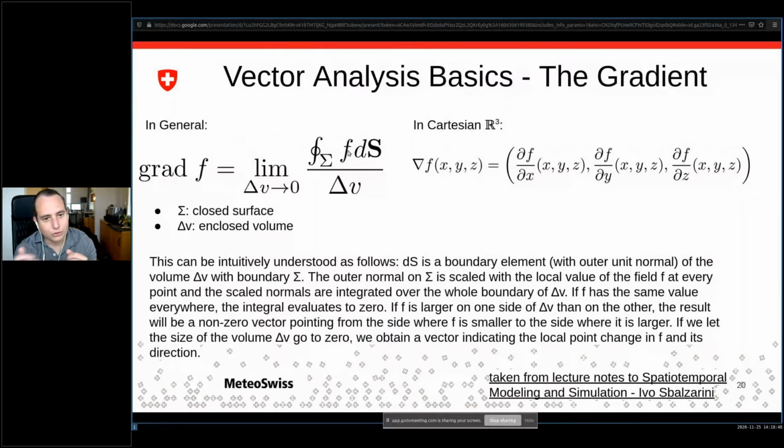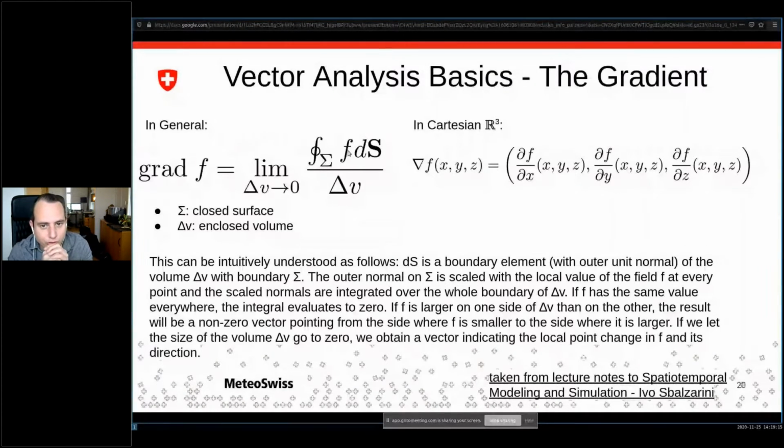Well, then the unit normals on the right-hand side would be weighted more than the unit normals on the left-hand side, and you end up with a vector which points to the right side. So if you walk around your normals and collect them in this way, you would end up with a resulting vector which points to the right, or more formally, which points into the steepest ascent of the scalar field f, which is nothing but the gradient.